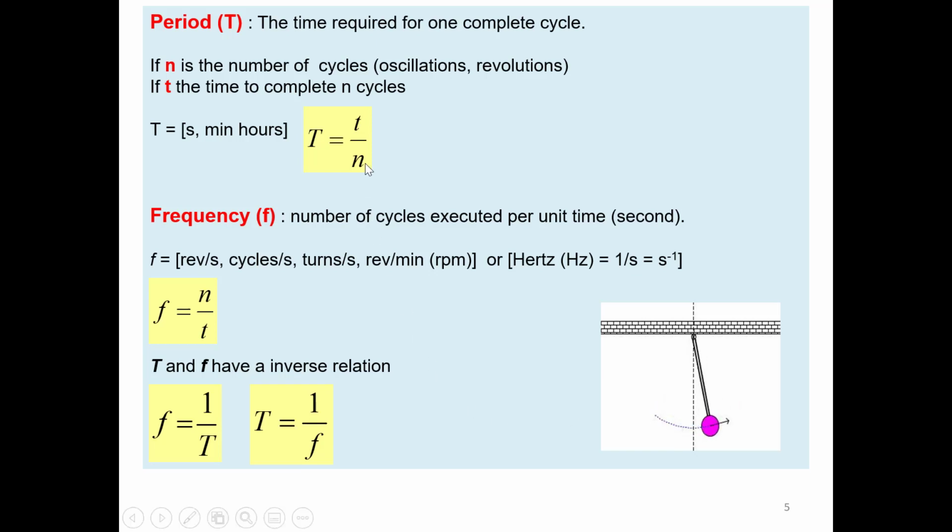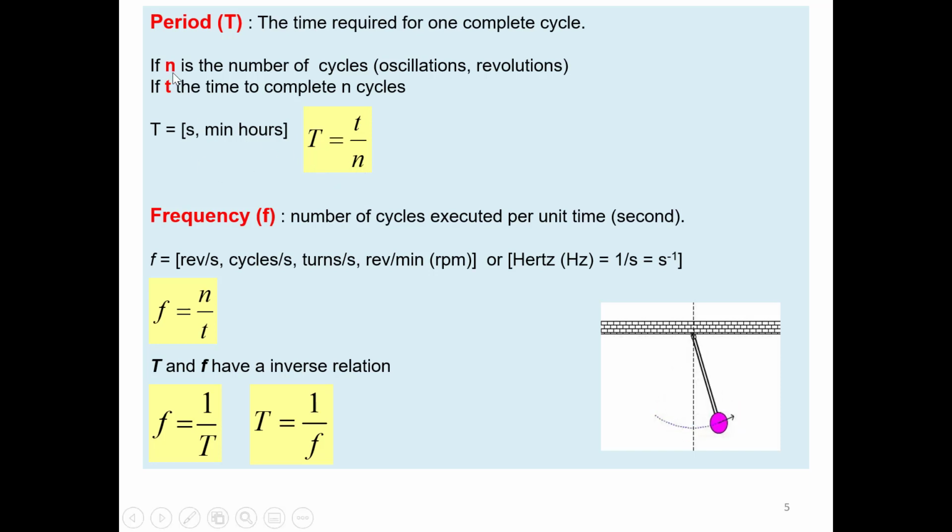Because it is difficult to measure just the time for one cycle, usually we measure the time for 5 cycles, and to find the period, we divide the total time by 5, where 5 is the number of cycles.